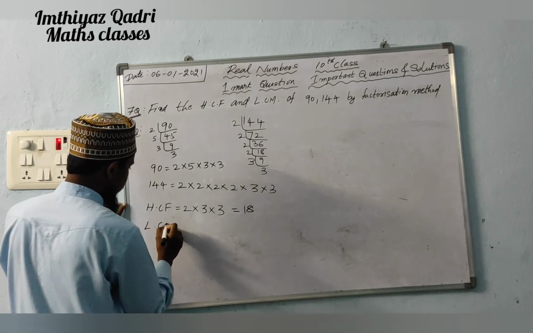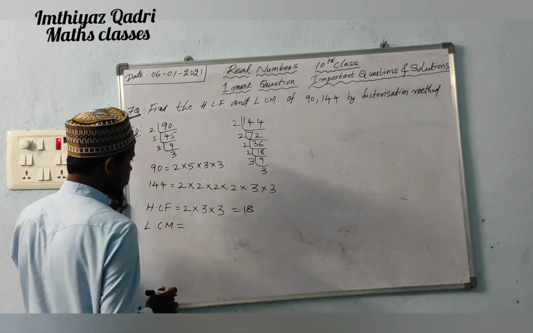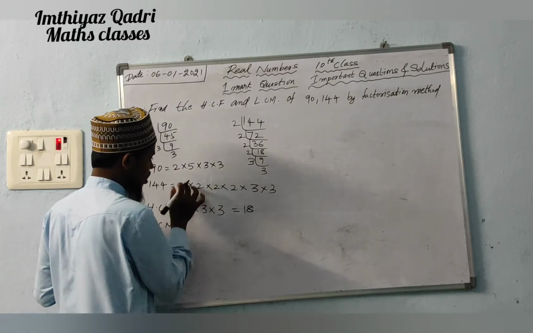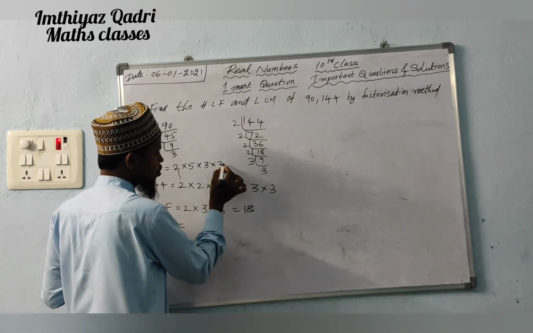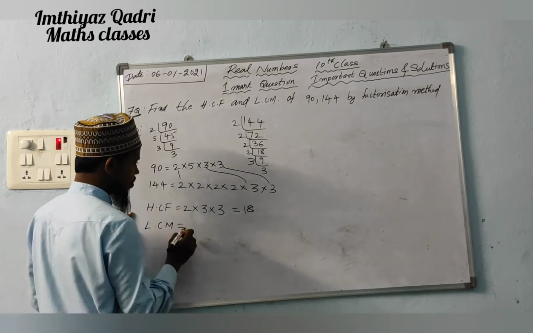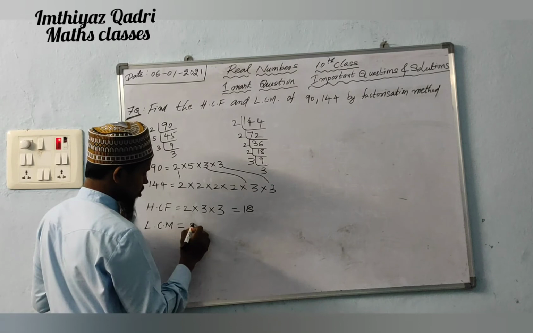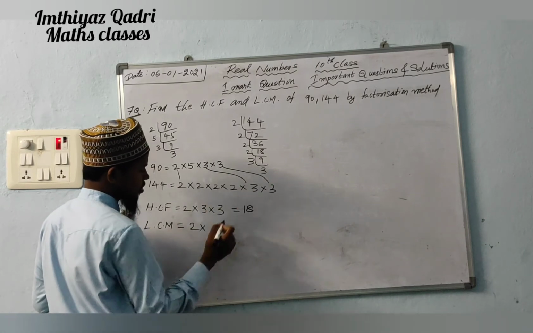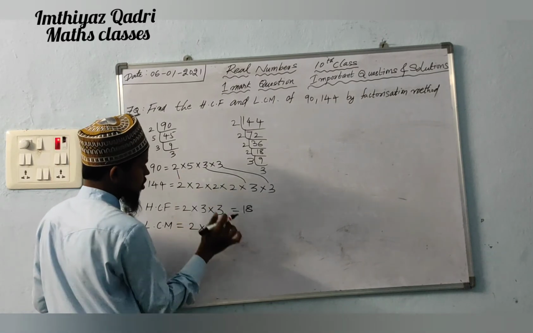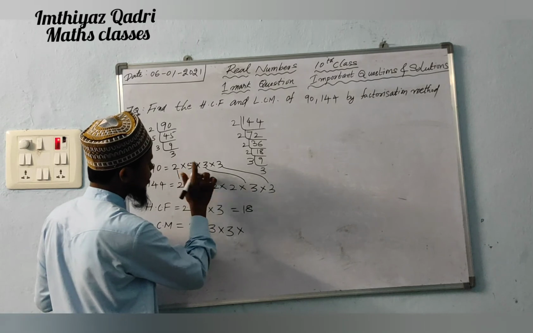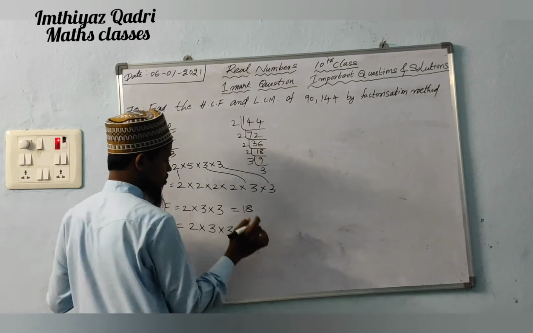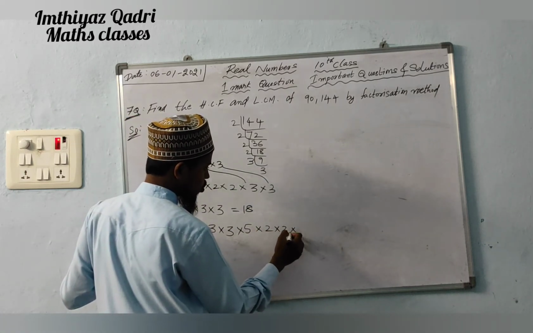Now LCM. LCM means common factors and the remaining factors. Common factor 2, here 3 and here 3, take only one of each. Then the remaining factors: here 5 is remaining, and here 2, 2, 2.